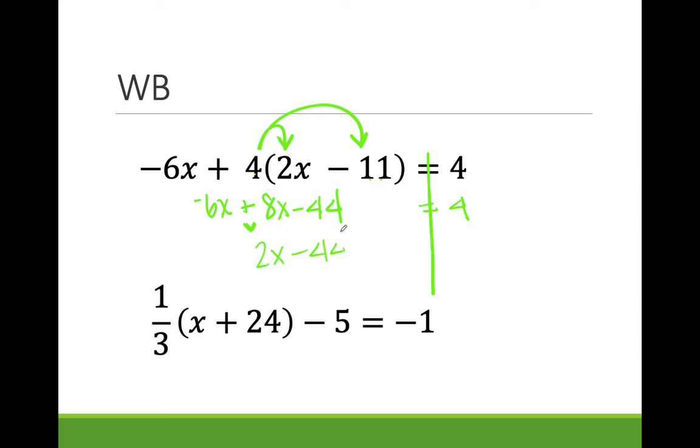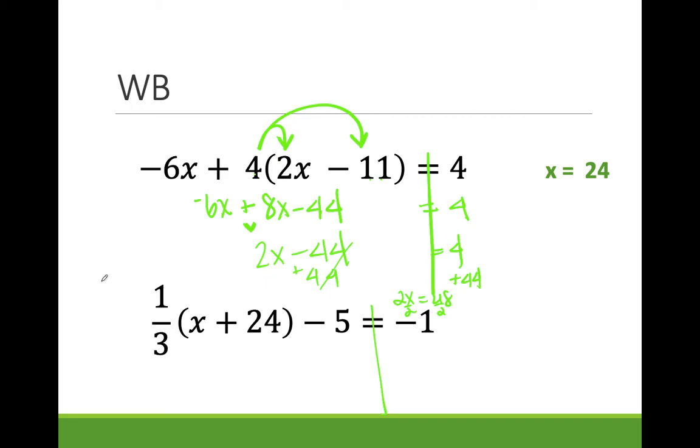So let's see if you can finish solving this problem from there. You should have added 44 first, giving you 2x equals 48, and then dividing both sides by 2, I'm running out of space, you get x equals 24.